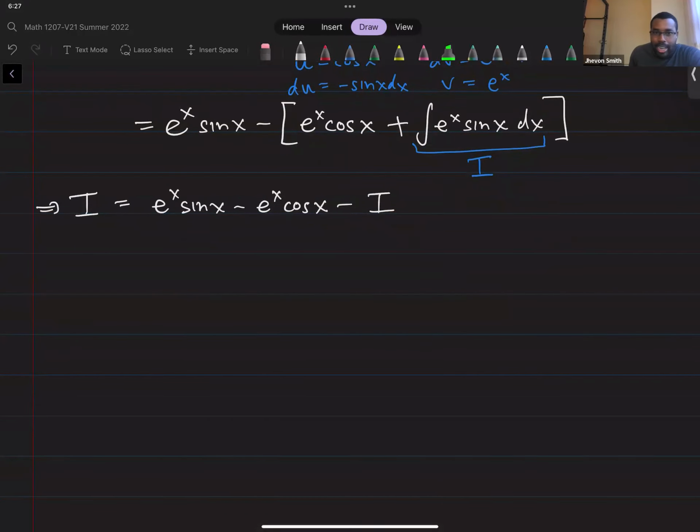So it turns out it's algebra at this point. We just stopped the calculus because we got the guy that we started with. So now just move him to the other side because he's who we want to solve for. And so 2 times I is going to be this e to the x sine x minus e to the x cosine x.